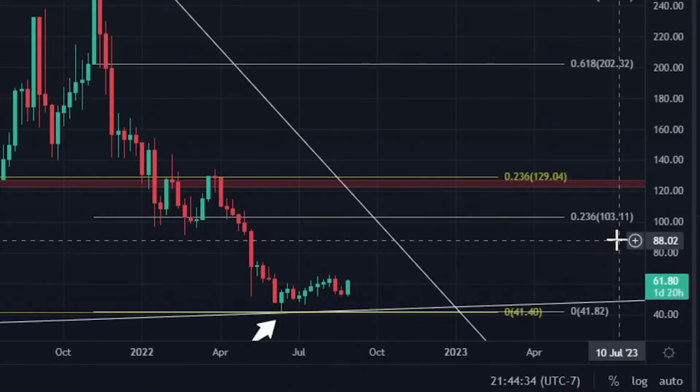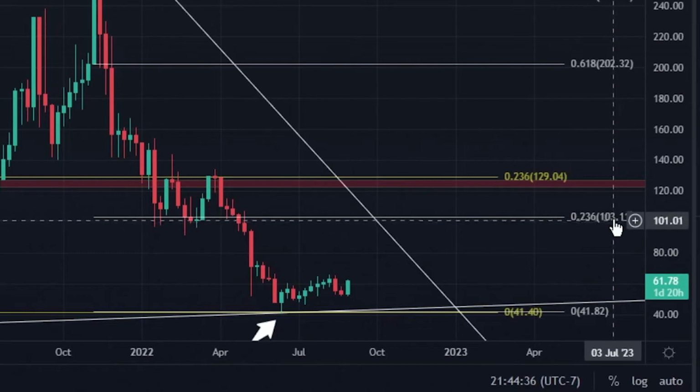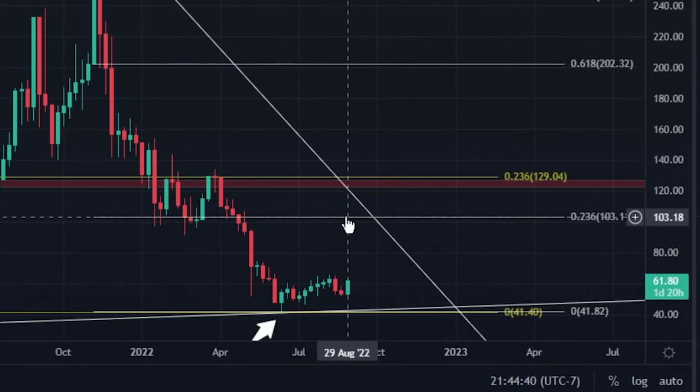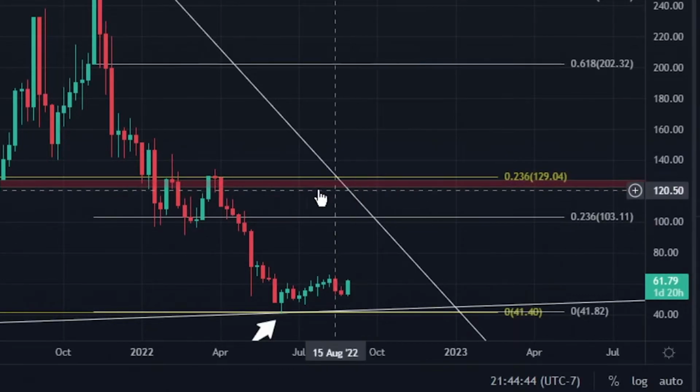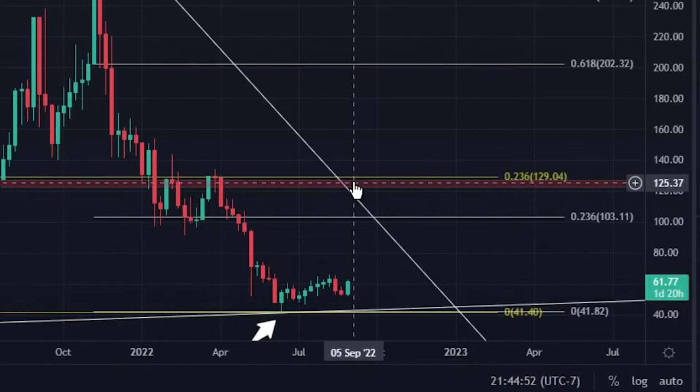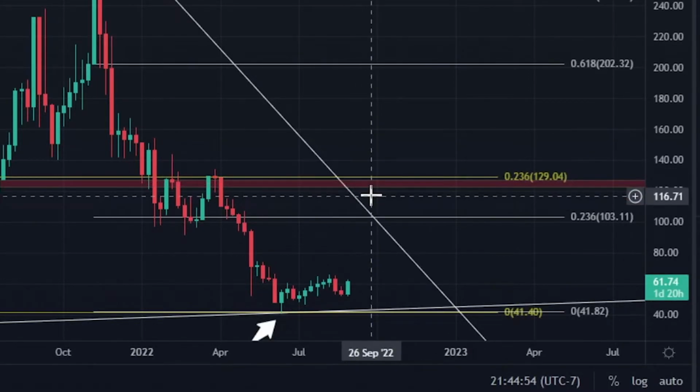So really, the $100 level to $103 is going to be a large level of resistance. Once we break above that, the red box, as well as the trend line, is a huge level of resistance. I would expect us to get rejected around these levels. Maybe not a major rejection, but at least to get slapped down.